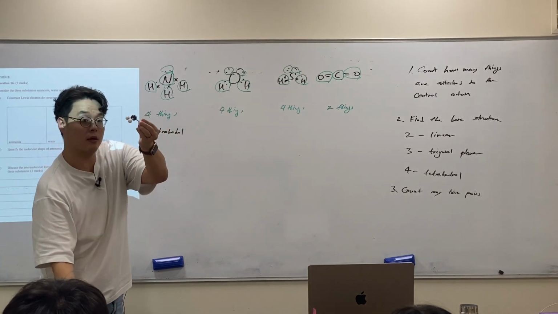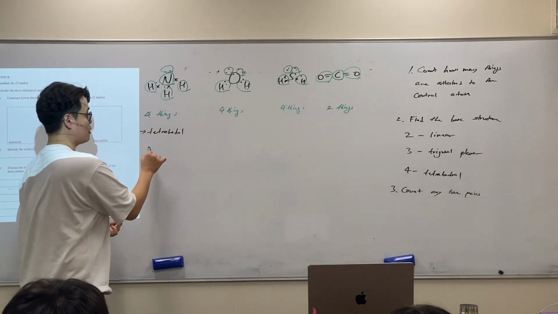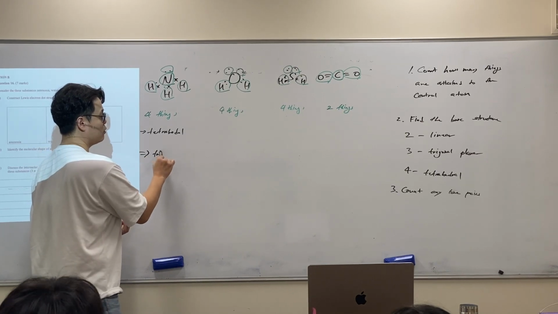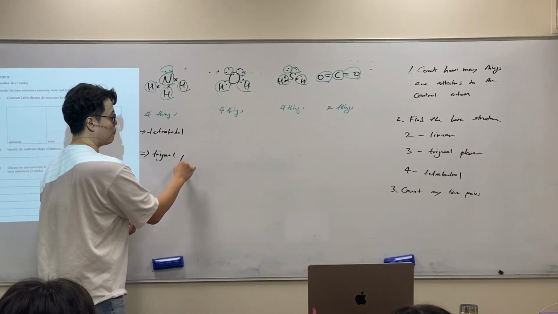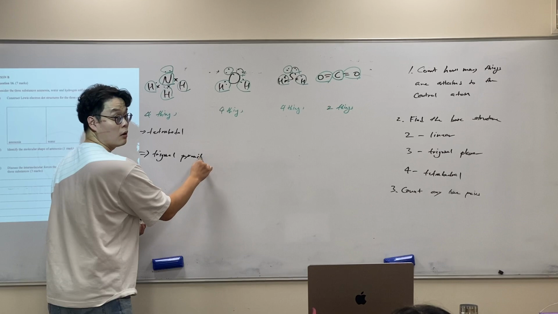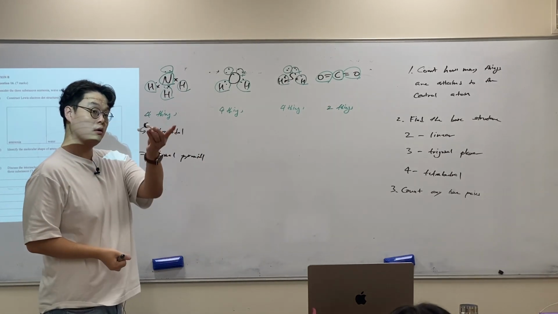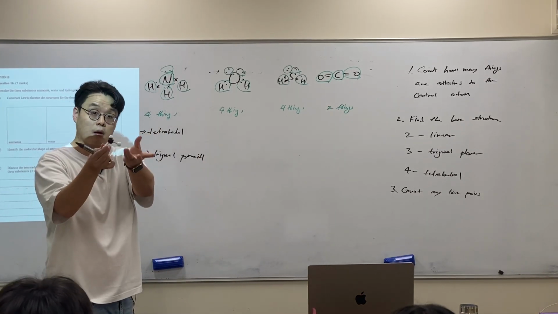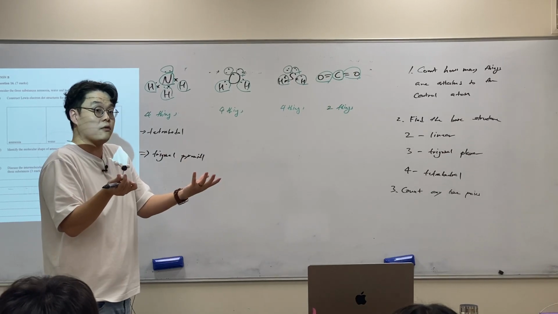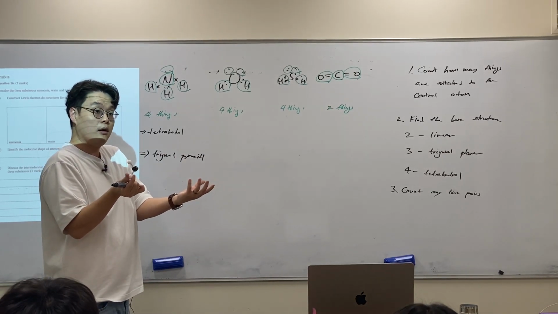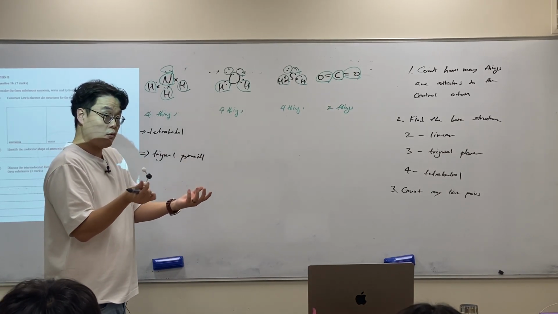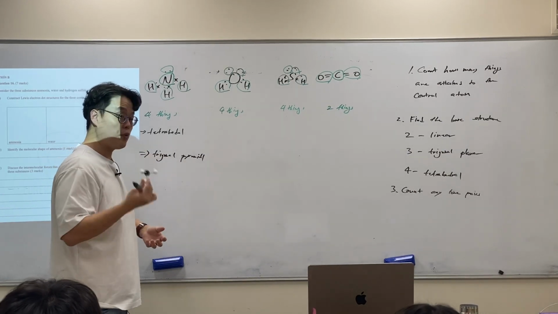What does the shape look like? The shape is known as trigonal pyramidal, because it looks like a pyramid with the 3. This is how you count VSEPR theory. Easy, okay? Rather than memorizing all that, this is how we chase it up.